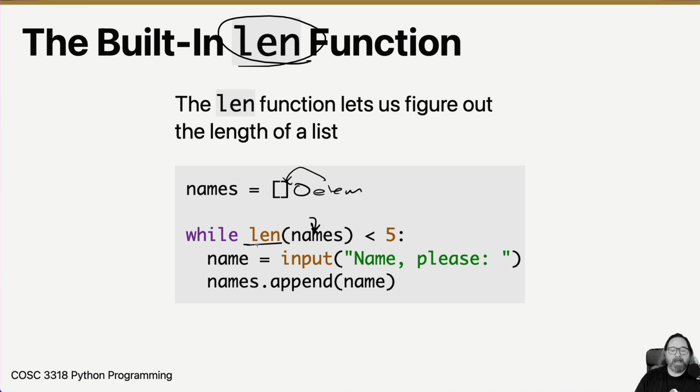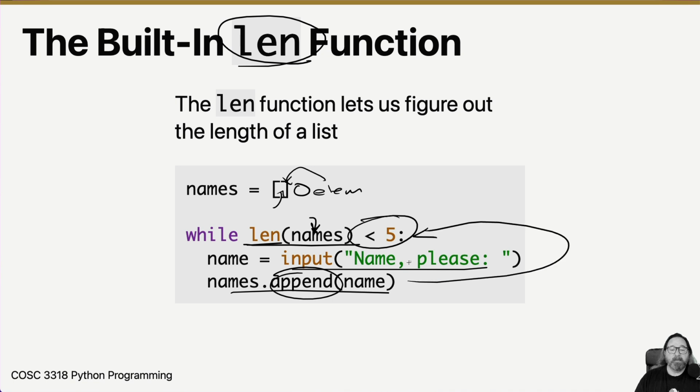And then we say while that length is less than 5. So what's that going to do? It's going to ask somebody for their name and then append. It's going to put it at the end. When you put it at the end of an empty list, it just plops it inside there. And then that list has grown. The length of it has grown by 1. And so it's going to come back up here and check, hey, are you still less than 5? The answer is yes.